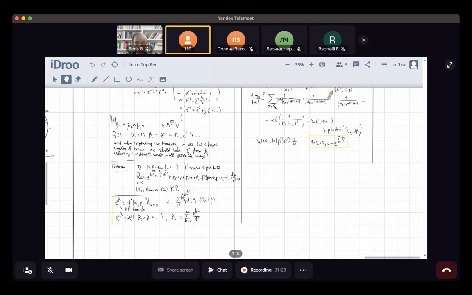So the claim was that if you take x of p1 and then apply this inverse isomorphism, go to the fermionic space, then there exist some vectors beta i, such that it decomposes into the wedge product of those vectors.